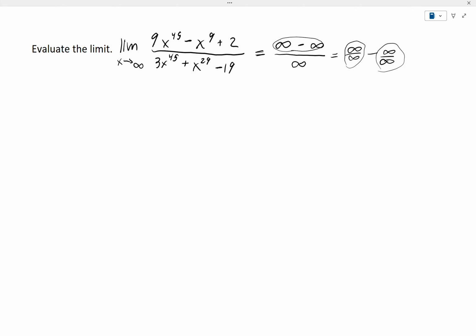Well, here's the general approach for these problems as x goes to infinity, whenever you're trying to get out of the infinity over infinity indeterminate form.